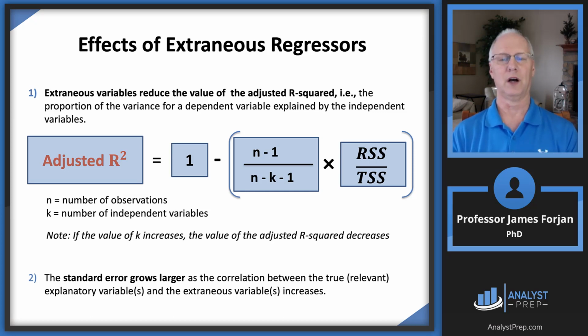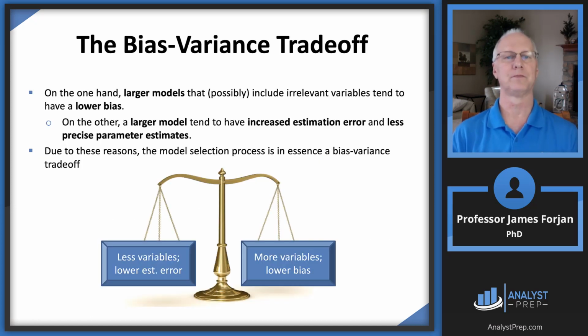And so what happens is that when we threw that number of clouds in the sky into our model, R square goes up, but the adjusted R square goes down. And so that's really a test of the extraneous regressors.